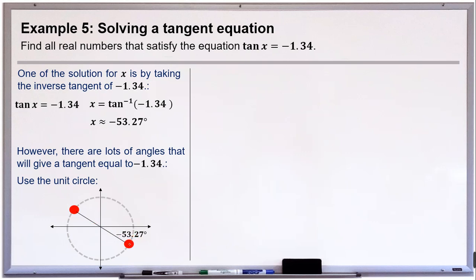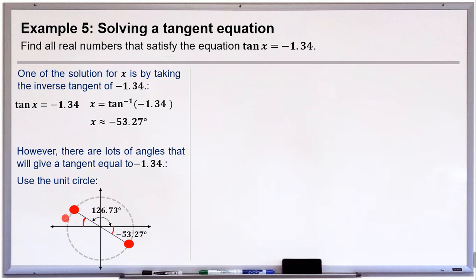For this spot, its angle measured clockwise is negative 53.27 degrees. That is the angle that we solved in the first place. Now this angle right here is equal to 126.73. This was determined by subtracting 180 degrees minus this one.